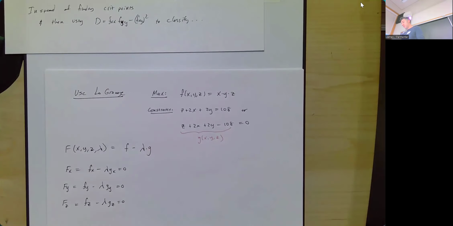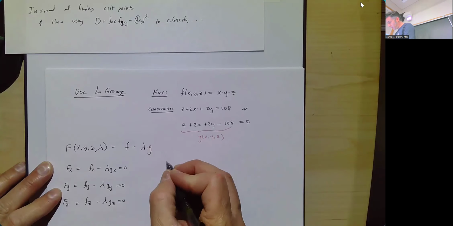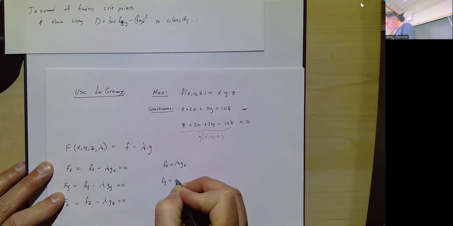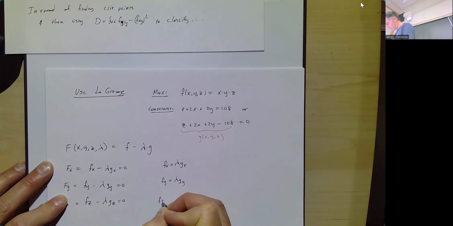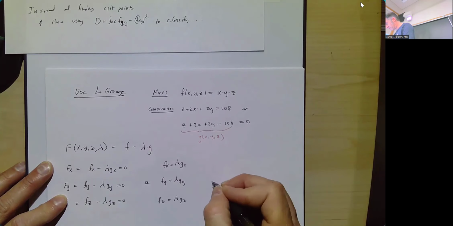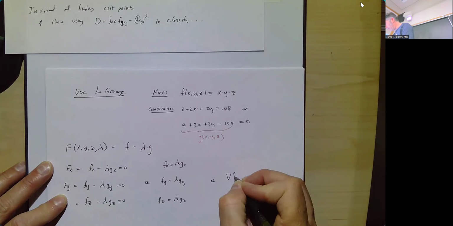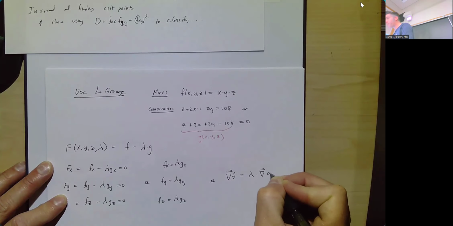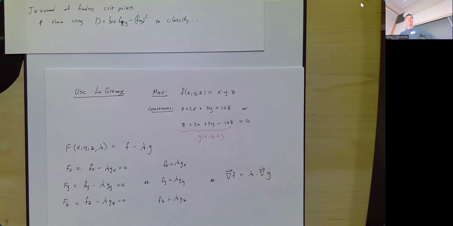Or, as I'm guessing he might have said it, fx equals lambda gx, fy equals lambda gy, fz equals lambda gz, or as he probably actually said it, the gradient of f equals lambda times the gradient of g. Do any of those look familiar? Okay. People often teach it this way because students have a hard time seeing that, but they're equivalent.